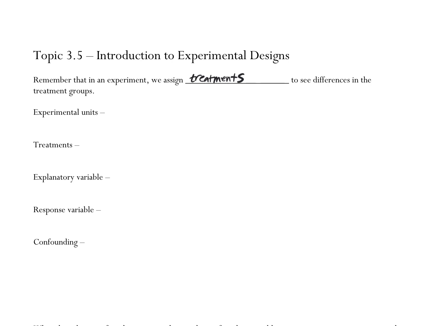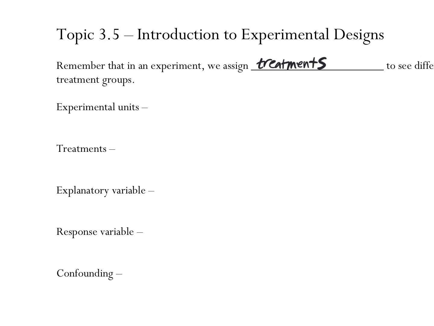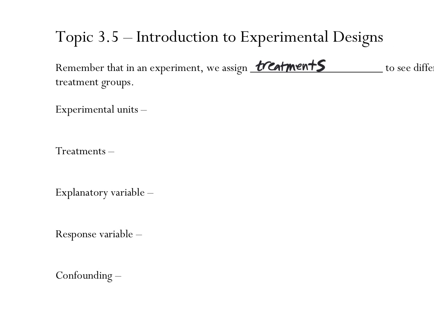So when we have an experiment, we have experimental units, and again, we have to do a lot of vocabulary at the beginning. The experimental units are whatever received the treatments.